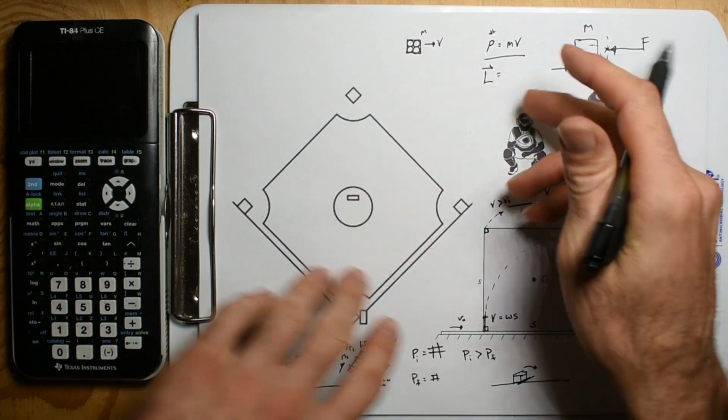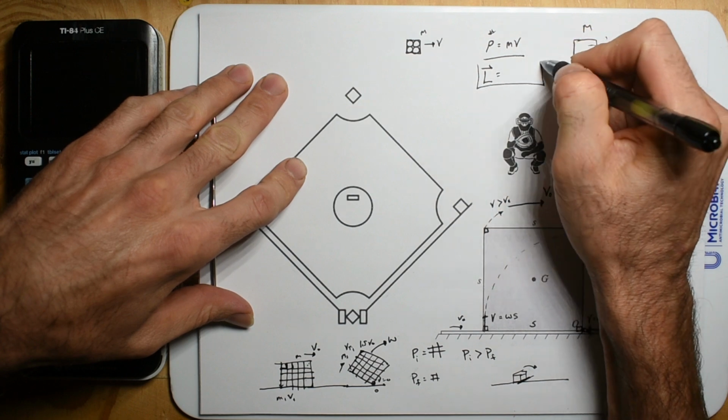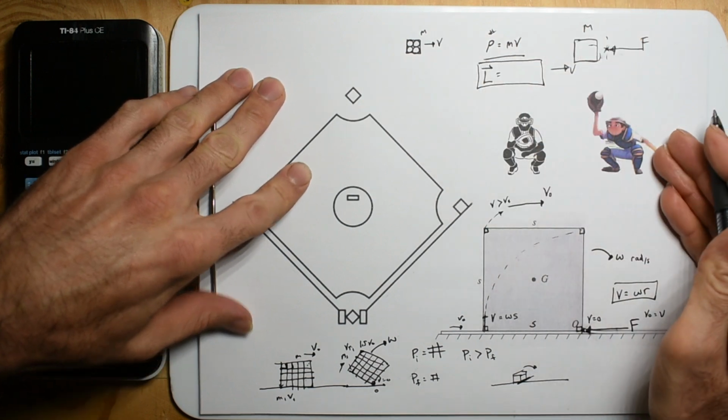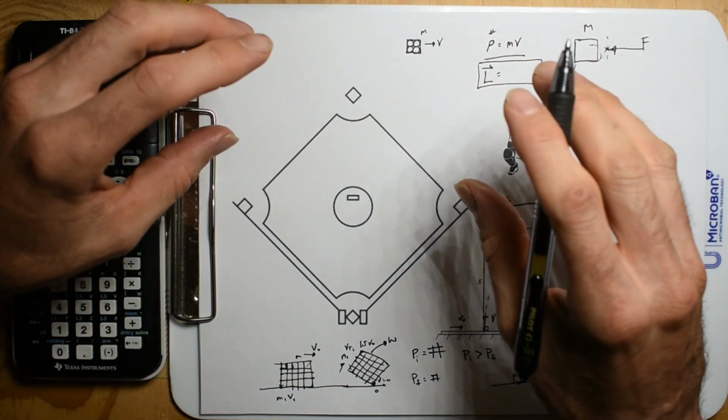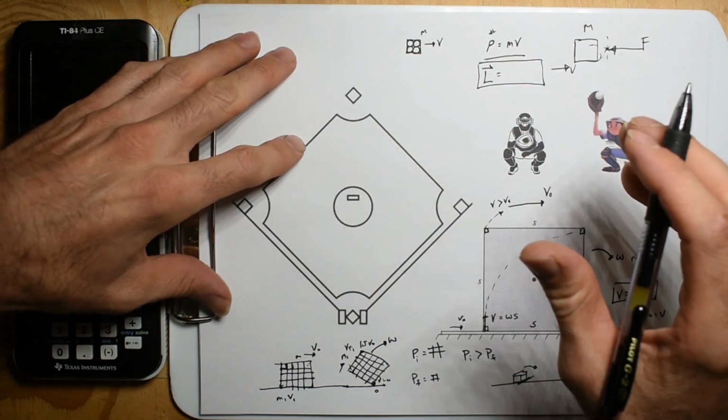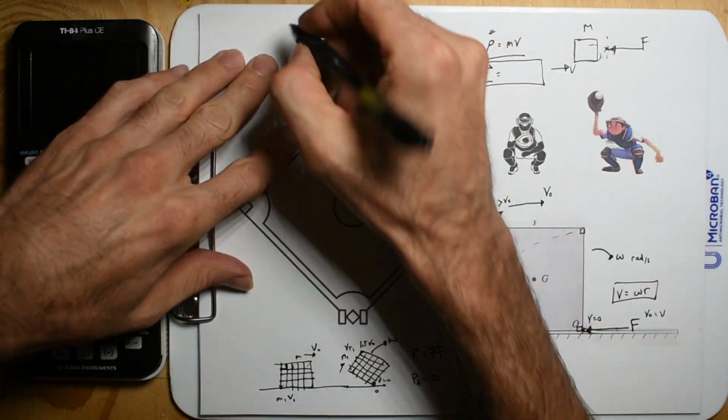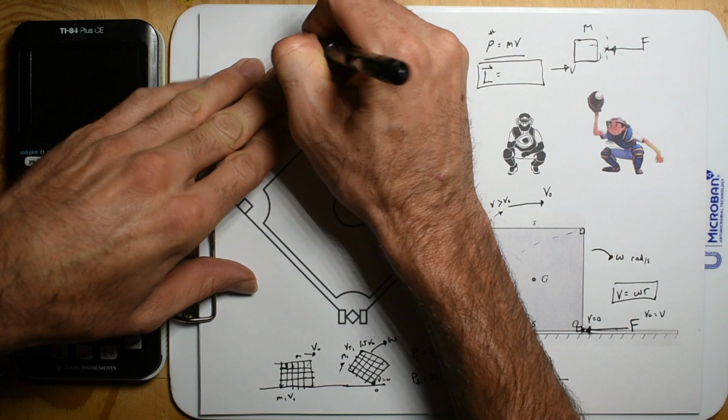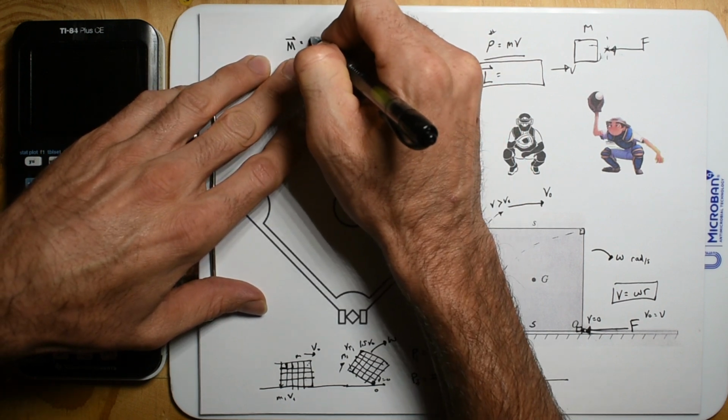So if you forget what the equation for angular momentum is, do the equation for a moment, or a torque. What is it? Yeah, a moment. A moment is a force times distance.